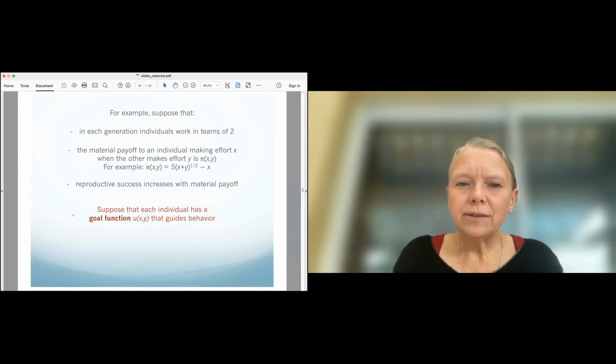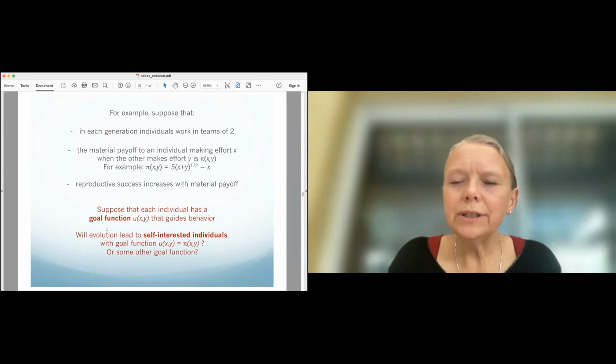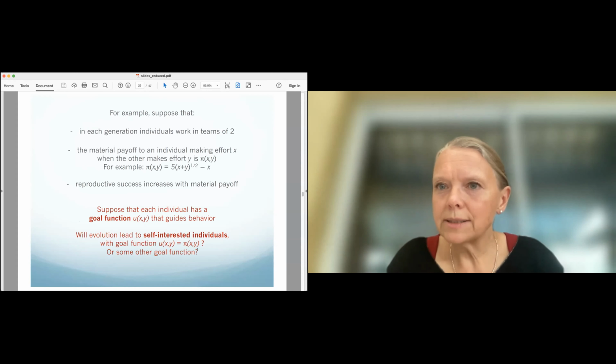One can imagine many different kinds of utility functions like this, right? And so the question here, remember this question: will evolution lead to self-interested individuals whose goal function is simply to maximize material payoff? Or is there some other goal function that will arise as a winner?